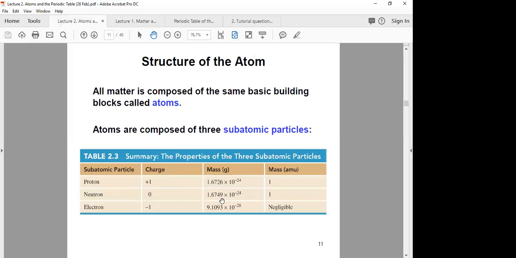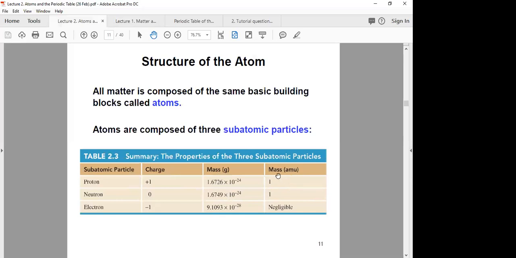A neutron is almost the same: 1.6749 by 10 to the minus 24. So they're almost identical. But because these numbers are so small, scientists came up with a standard mass for protons and neutrons. The units that they use are AMU, which stands for atomic mass units.